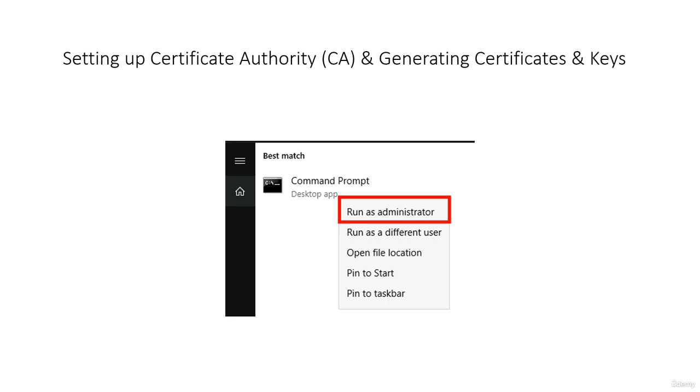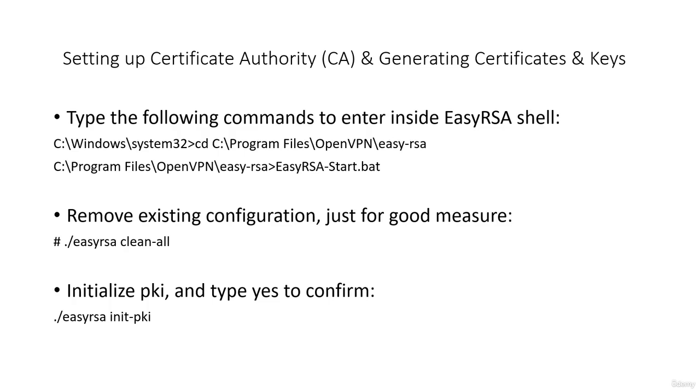And then we need to run some commands. Type these two commands to enter the EasyRSA shell. First type this, then type that, and then it will enter the EasyRSA shell.